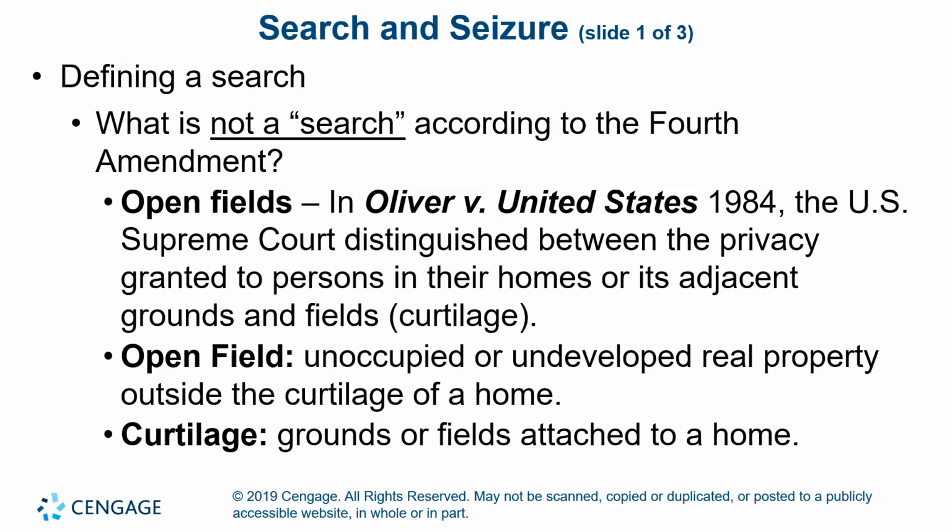An open field would be unoccupied or undeveloped real property outside of the curtilage of a person's home. And you can say curtilage if you want to pronounce it like that. That's fine. Again, the curtilage are grounds or fields that are attached to somebody's home.